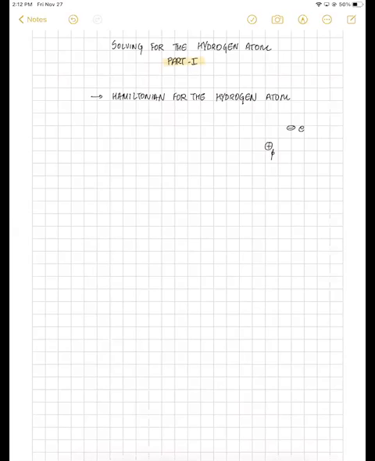So let's start out by first writing our time-independent Schrodinger equation. H psi equals E psi, right? And our H operator here is the Hamiltonian of the entire system.